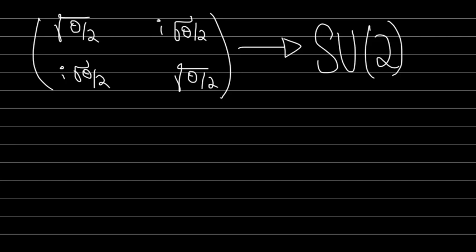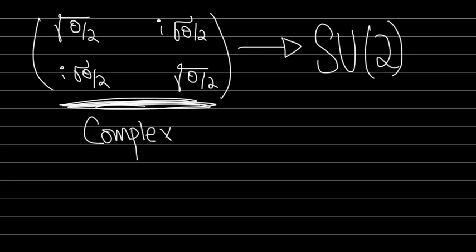So we can say that this matrix over here is going to act on complex 2-component objects.